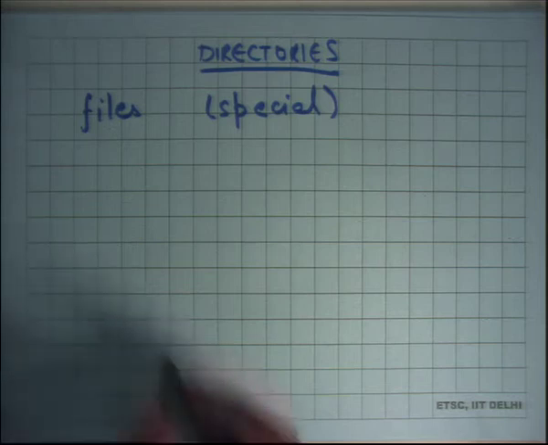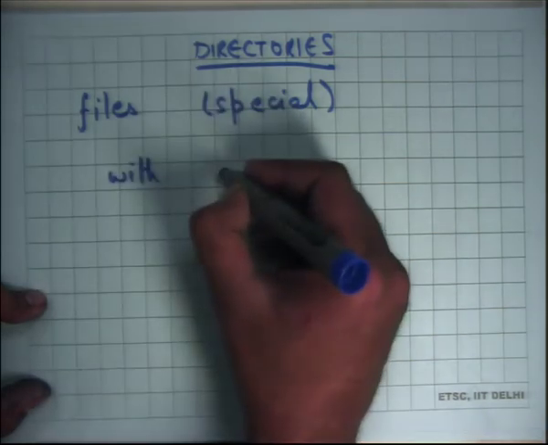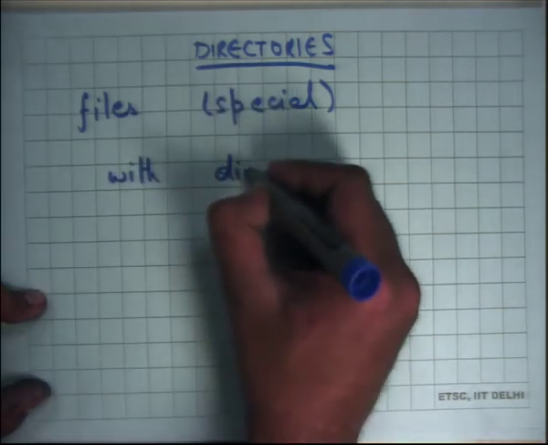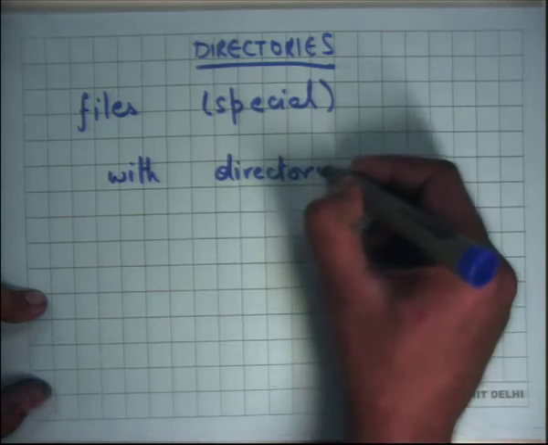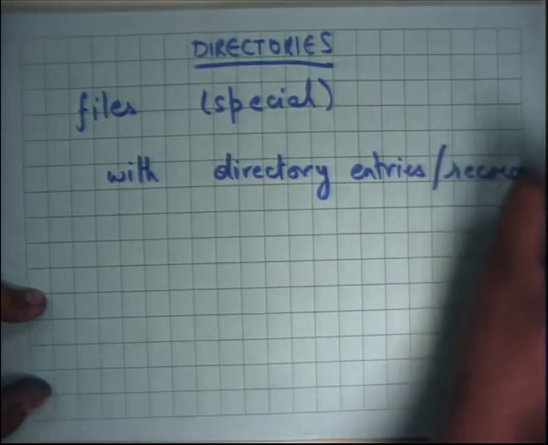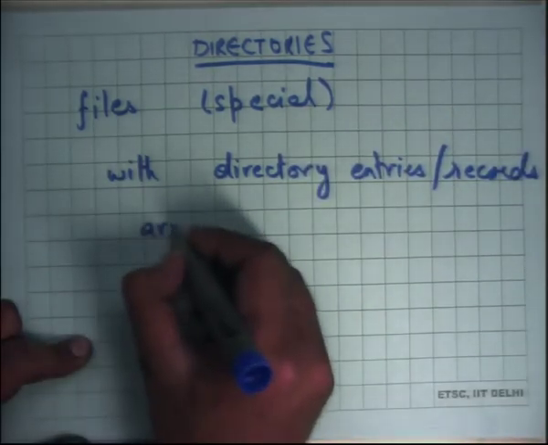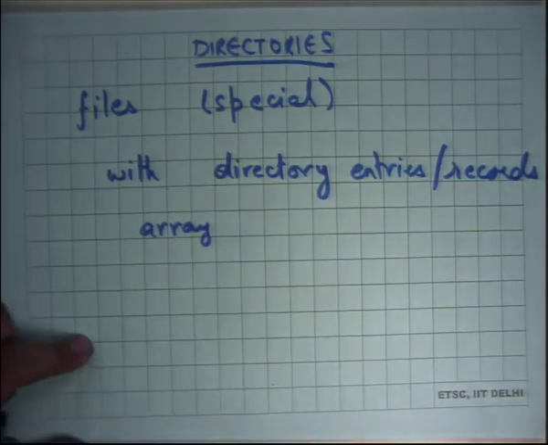So a directory is a file with records, so directory entries. And on XV6, it's represented as an array of directory entries.